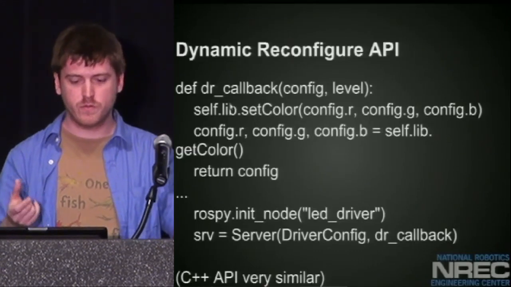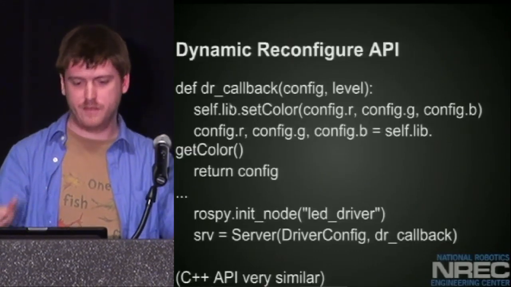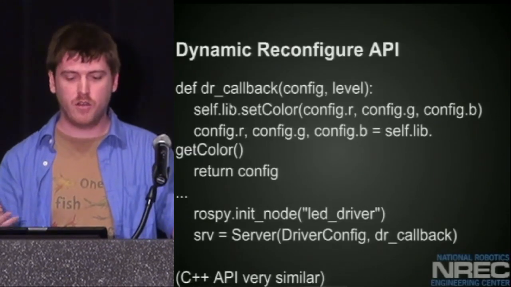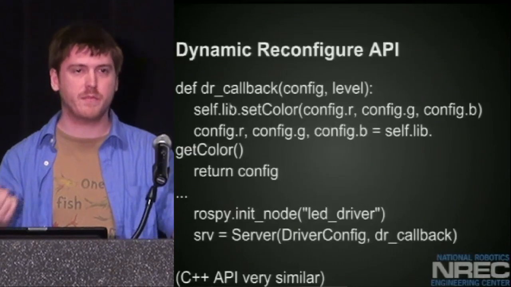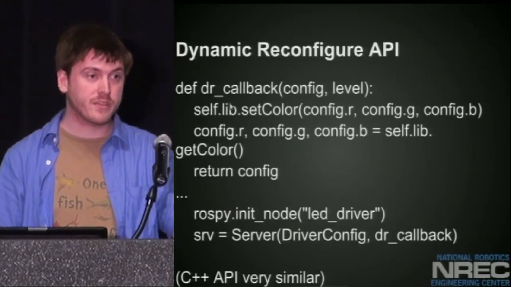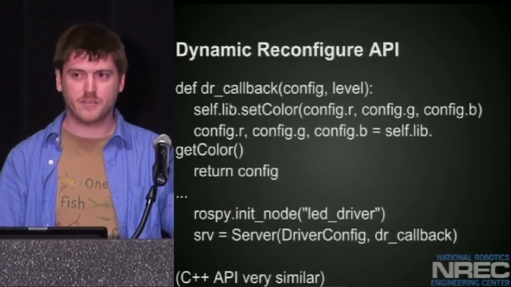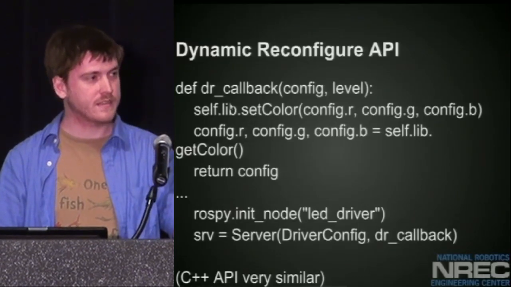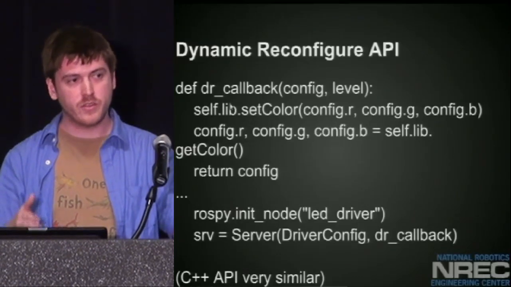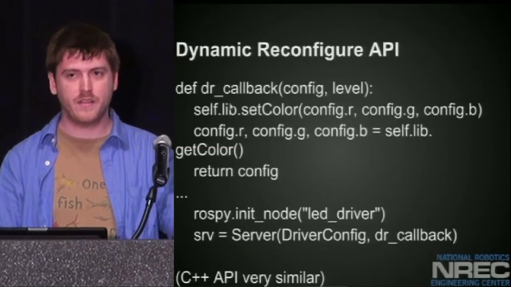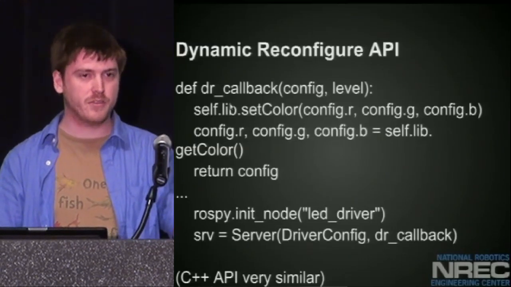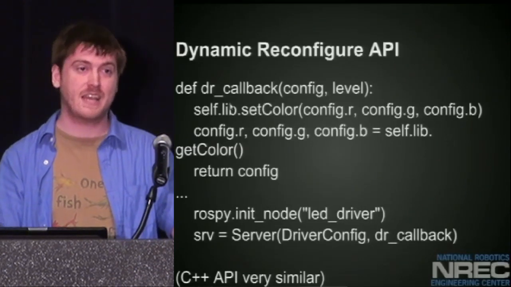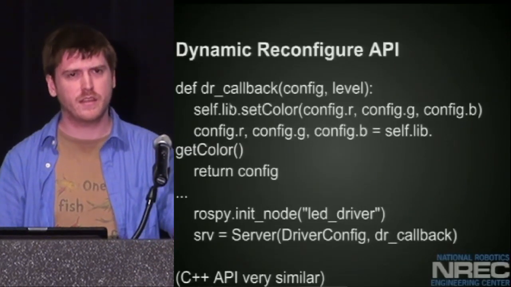So in this, less than 10 lines of code, I've already set up a whole feedback loop between my driver and my user. And of course, this is a trivial example, but you can imagine it becomes more significant for things like laser scanners, where the user may not even know the ranges that the laser scan supports, but if they just try to max it out, you can correct it and say, oh, it can actually only go this far, and it's very handy.